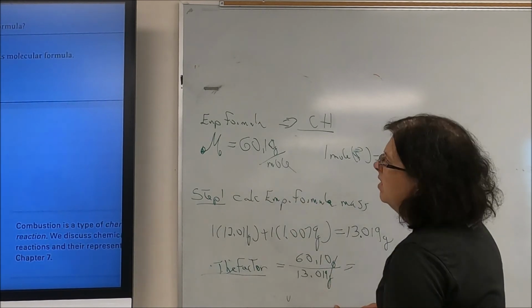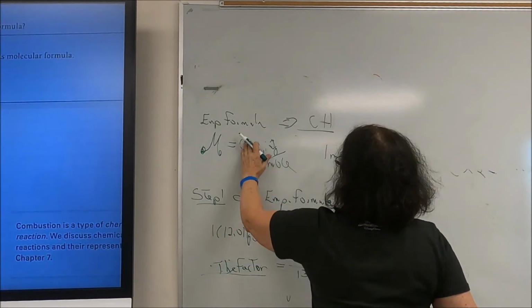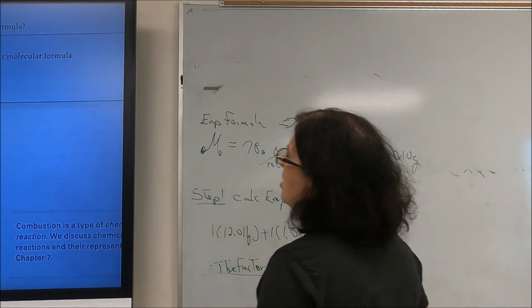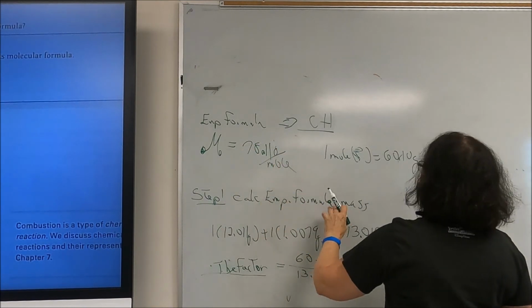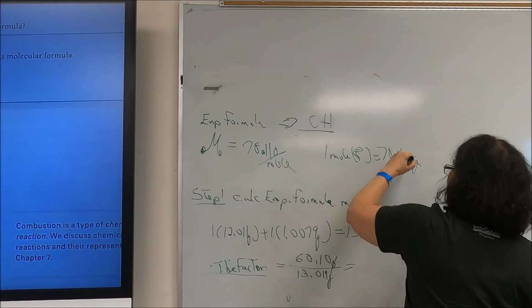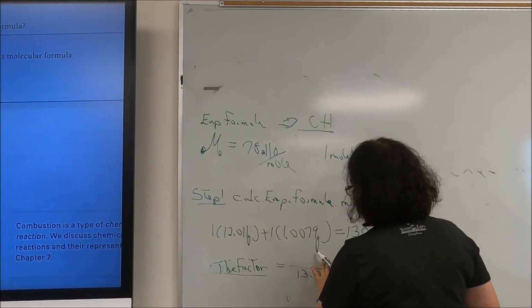Hold on. Did I write down the wrong number? Yeah, I did. I'm sorry, guys. I've got two problems sitting there and I glanced wrong. It's 78.11 here. I happen to know what the answer to this one is, and I wasn't getting the answer I was anticipating.